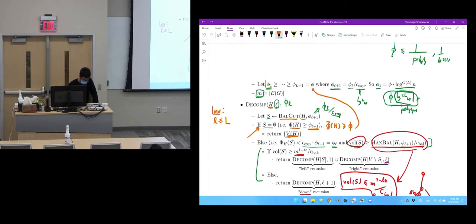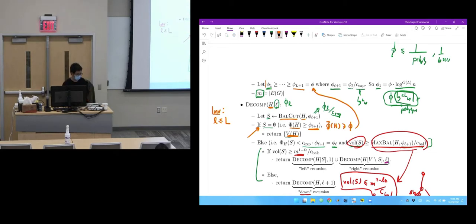Phi is like this thing, and l here is at most L. So the parameters really match, we really get a phi expander whenever we stop. Okay. So the first thing to note is that each part is really a phi expander or better.